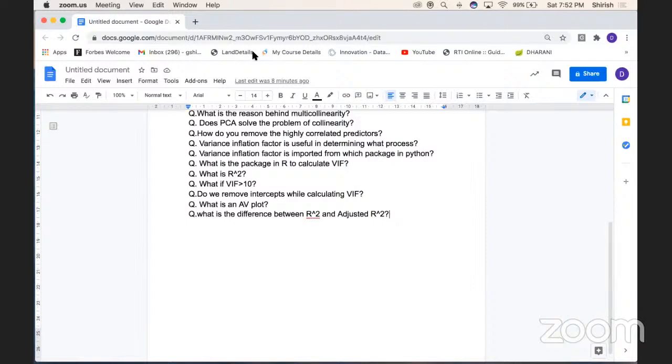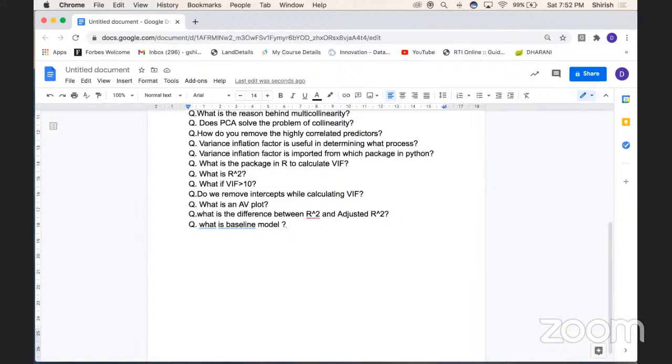So the model which is built, okay, let me put it here. It is nothing but a model with only intercept and no slope. Right? The model which is built with only intercept and no slope.